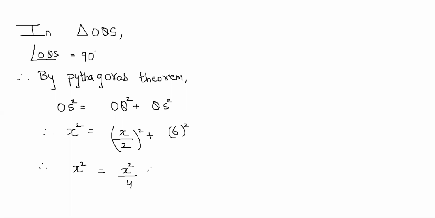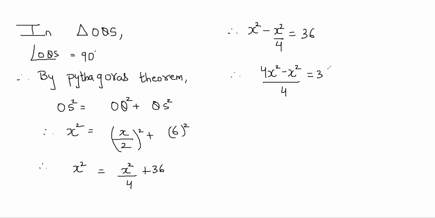X square upon 4 plus 6 square, that is 36. Therefore, x square minus x square upon 4 is equal to 36. Therefore, 3x square upon 4 is equal to 36.